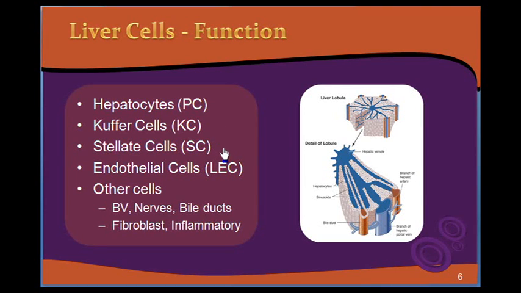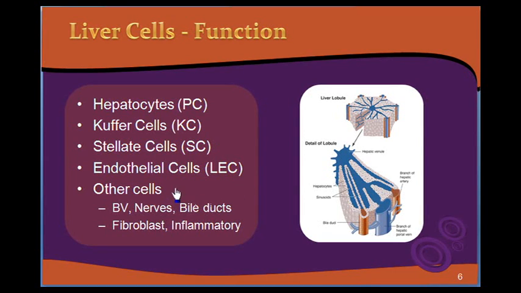The stellate cells, called the SC, are the supporting structures of the liver. Against this background of the framework of stellate cells, the Kupffer cells and hepatocytes take shape and act. The endothelial cells of the liver, also known as the liver endothelial cells, LEC, are very important for the secretory functions of the liver and for the vascular integrity of our system.